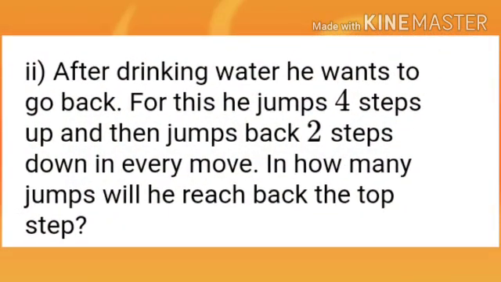So in subdivision 2, after drinking water, he wants to go back. For this, he jumps 4 steps up and then jumps back 2 steps down in every move. In how many jumps will he reach back the top step? In the previous subdivision, it was 3 steps down and 2 steps back to reach the water level.